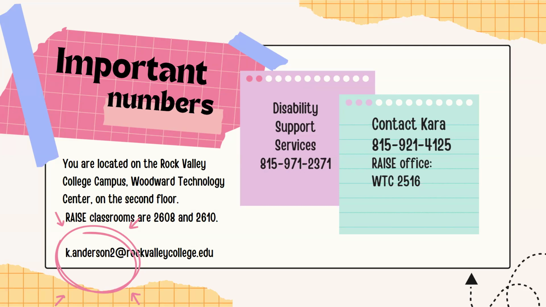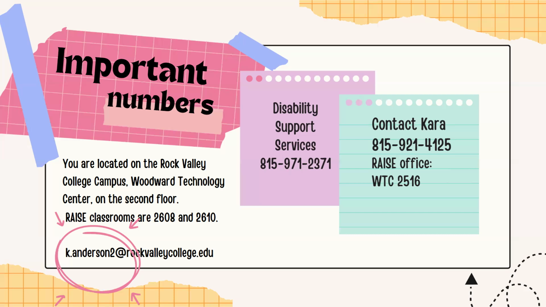That's 815-971-2371. And then I have my email on there because I have a 2 after my name. So I like to draw attention to that. It's a little bit different than the standard Rock Valley naming convention because Rockford is just overflowing with Andersons.